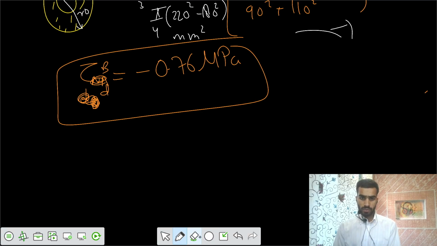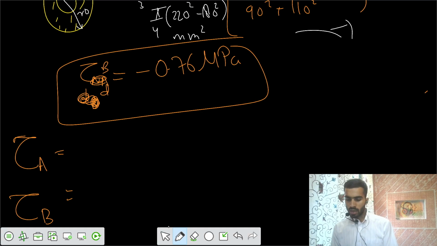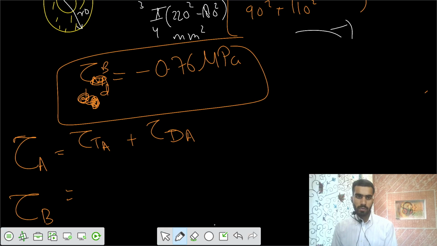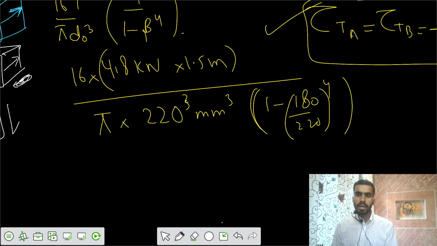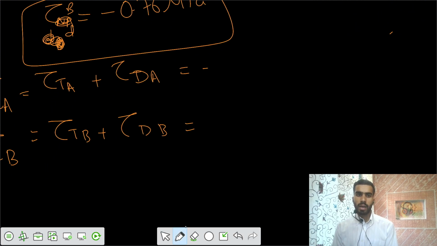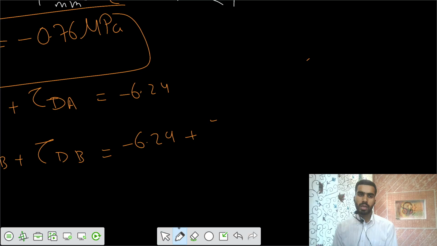So finally, we can say what is the total tau for point A and for point B. For point A, total tau equals tau T A plus tau D A, and for point B, tau T B plus tau D B. The tau T value was minus 6.24, so for A it is minus 6.24 plus 0, and for B we have minus 6.24 plus tau D B, that's also negative, minus 0.76.